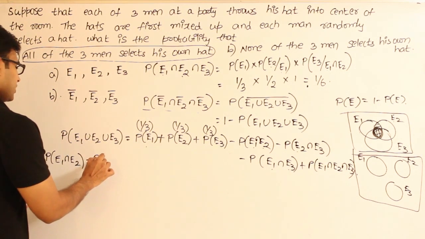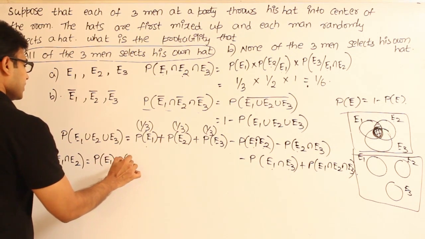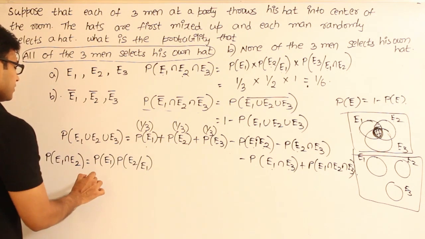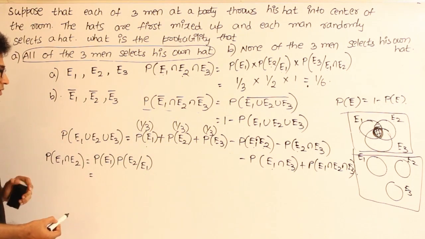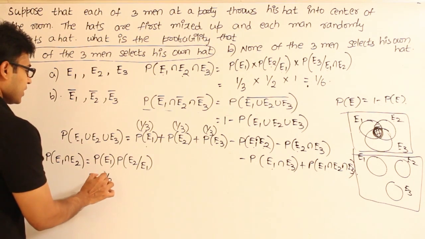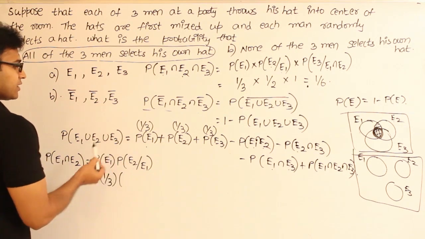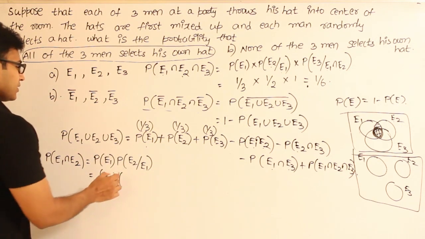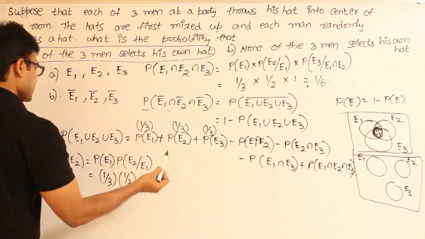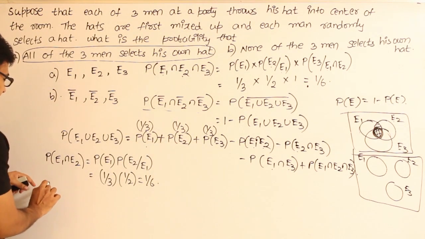So it is nothing but probability of E1 happening multiplied with probability of E2 happening given that E1 has already happened. What is the probability of the first person picking up his own hat? 1 by 3. What is the probability of the second person picking up his own hat given that the first person has picked up his hat? It is nothing but 1 by 2. So which means 1 by 6. Similarly, you can find out E2 intersection E3.